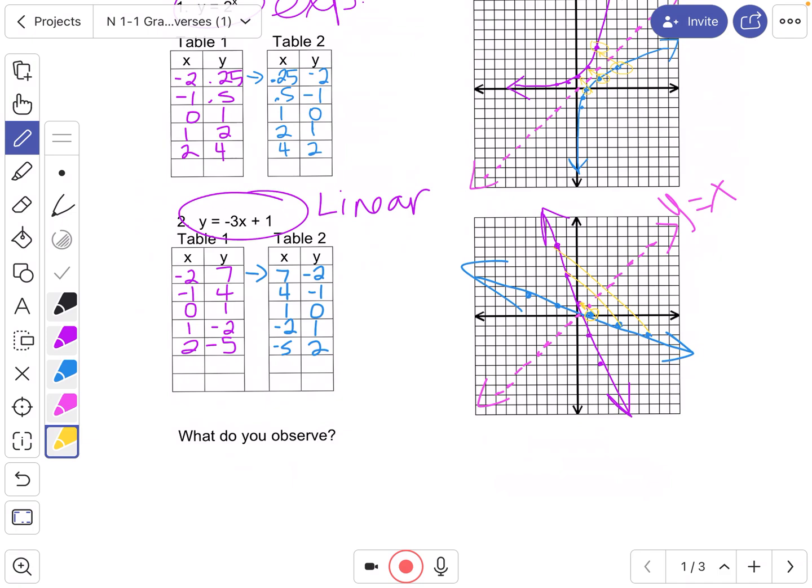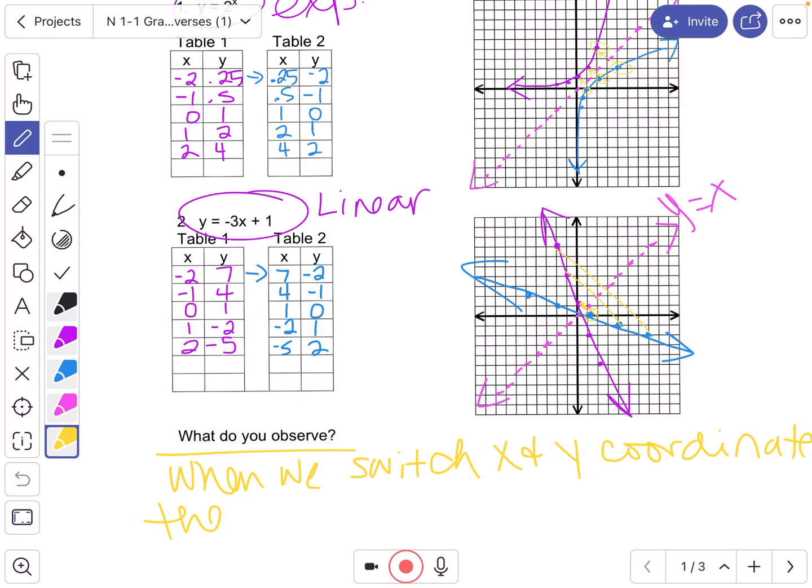So if you remember what we did to get from table 1 to table 2, all we did was we switched our x and y value. So it says, what do you observe? So when we switch the x and y coordinate, then the graph is reflected over the line y equals x.